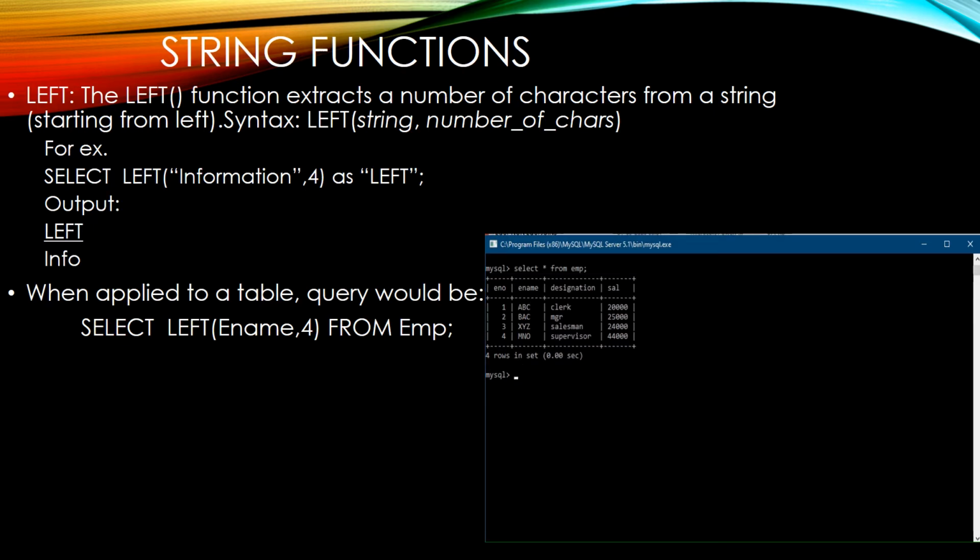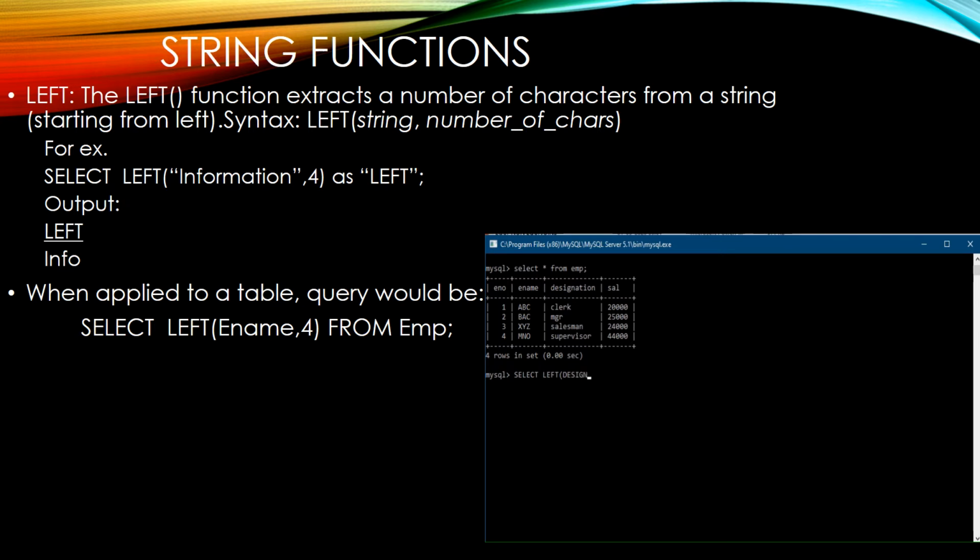Now I will discuss the left function. In the substr function we were retrieving characters from any position of the string. But now I want to retrieve the characters from the left position of the string, so I will be using the left function. Again I am using the designation field.